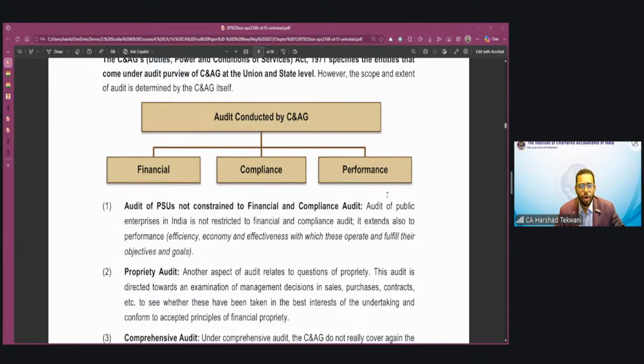In performance audit, what is economy? Anyone? Quickly. What is economy?